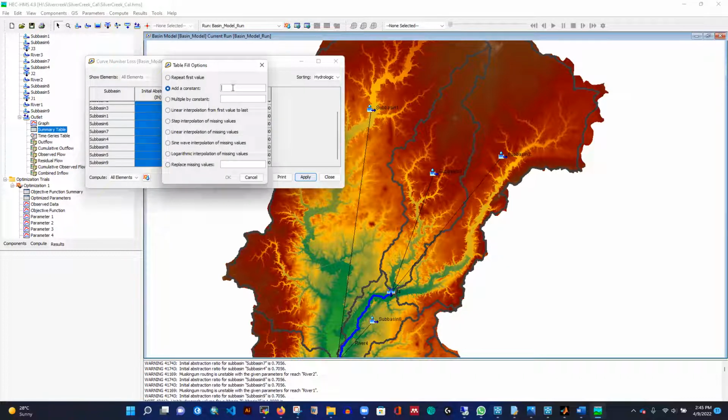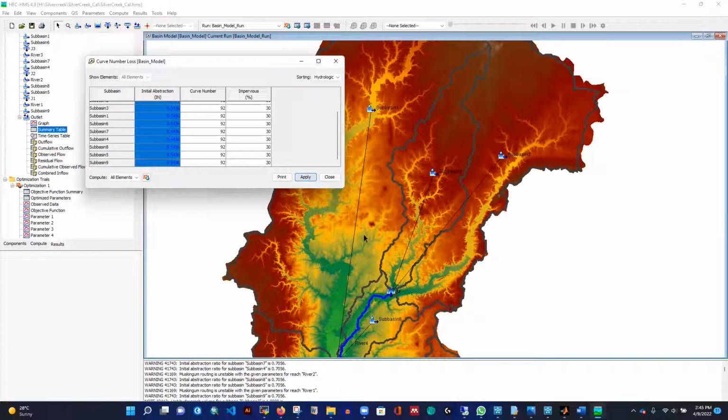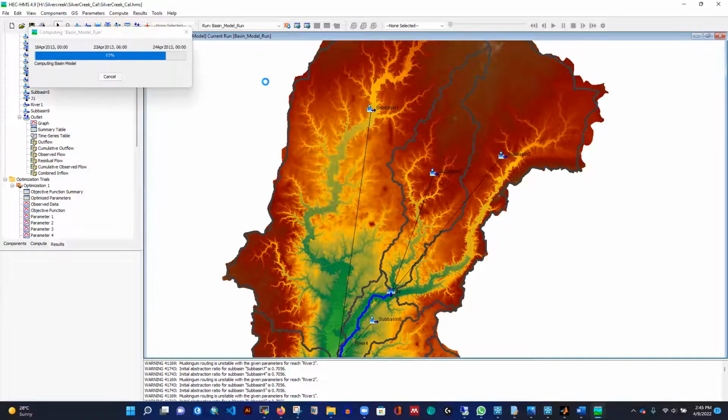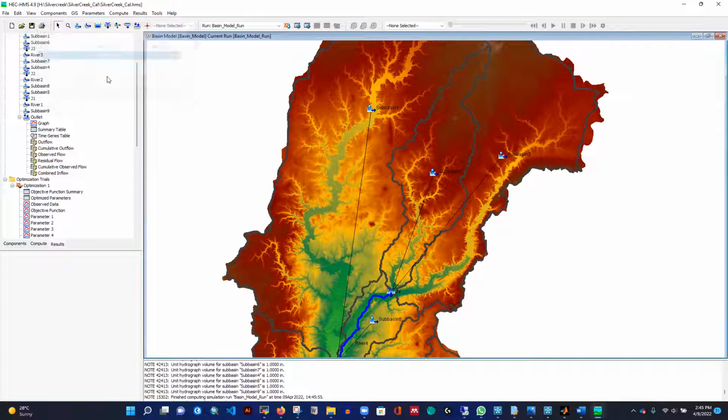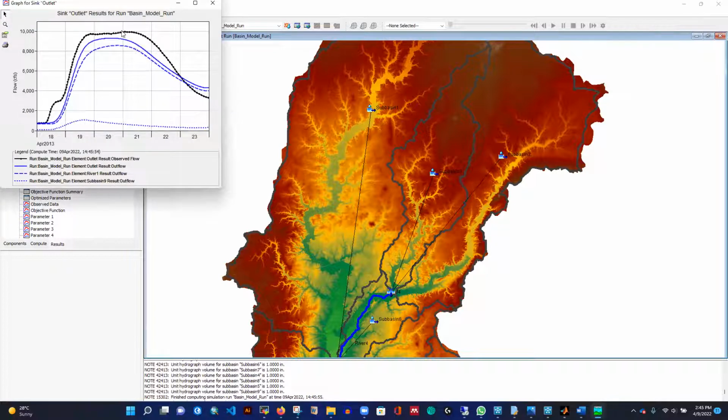We can reduce that, minus 0.02. Let's play with that, and then we'll play with the individual sub-basins. If it won't work, let's see. Close and check that. Yeah.